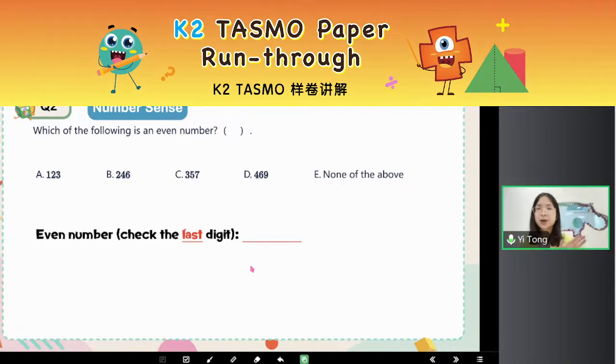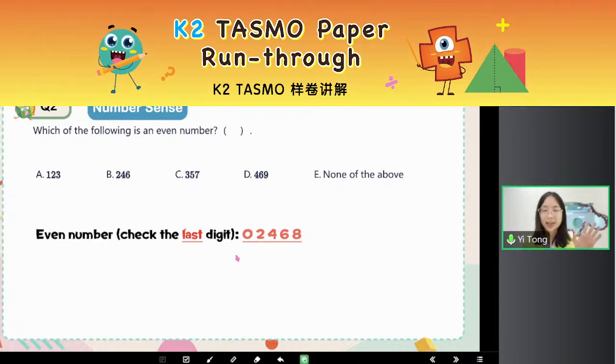Can you tell me what are all of the even numbers? Yes, there are many. Let me see if you got all of them. We have 0, correct? We have 6. Yes, we have 2, 4, 8. So starting from the smallest one, 0, 2, 4, 6, and 8.